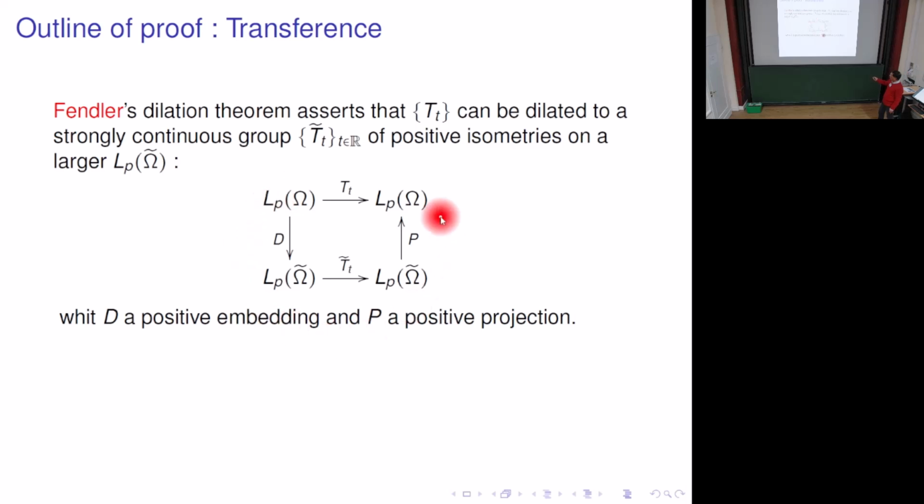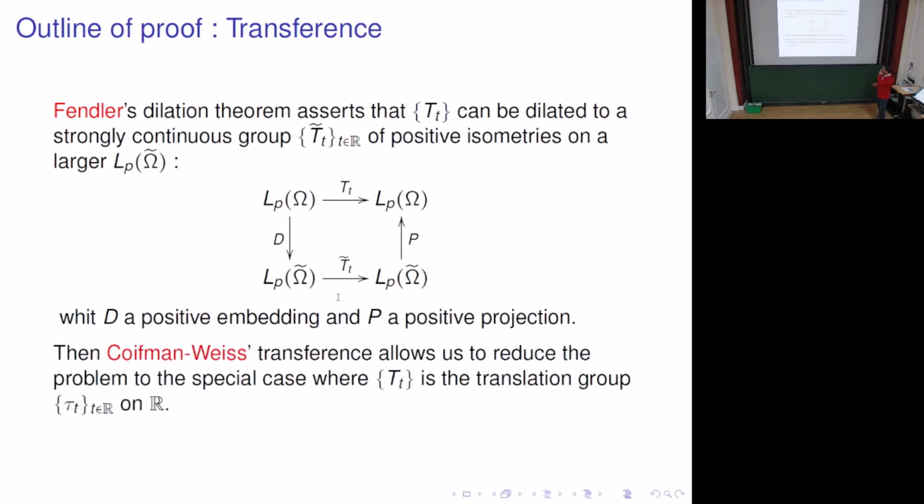So we have such a dilation theorem, due to Fendler. And this dilation allows us to use the Coifman-Weiss transference principle to reduce the general case to the case of the translation group.